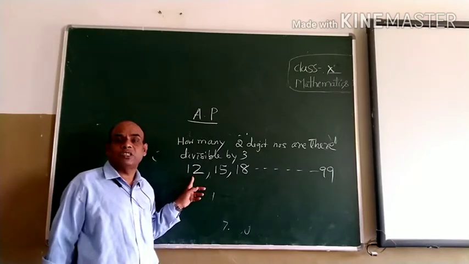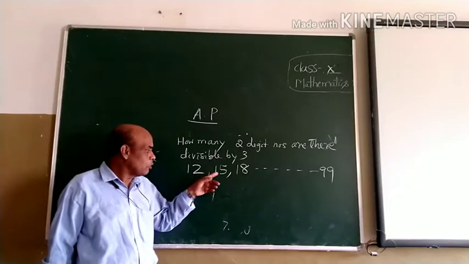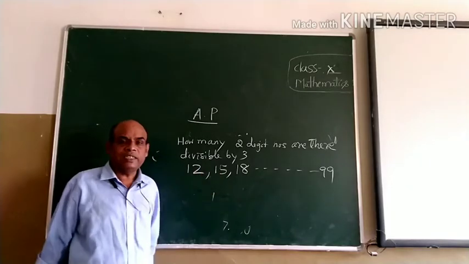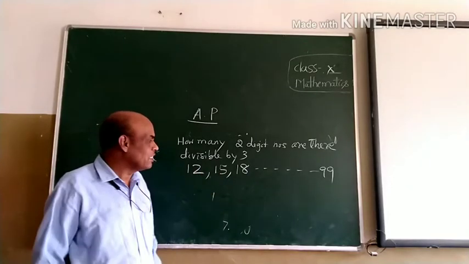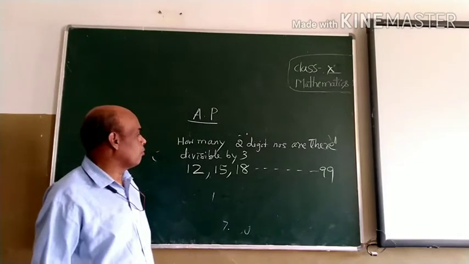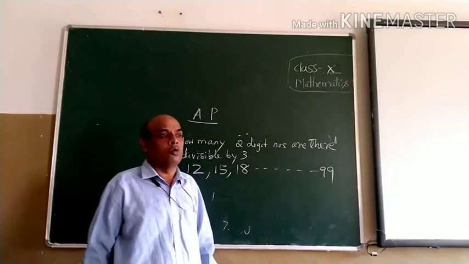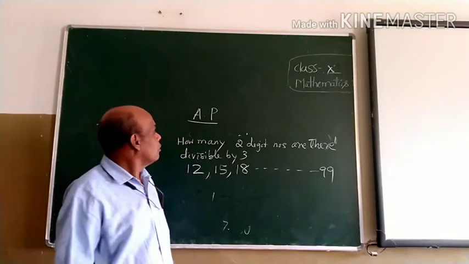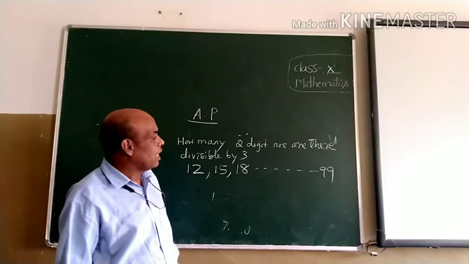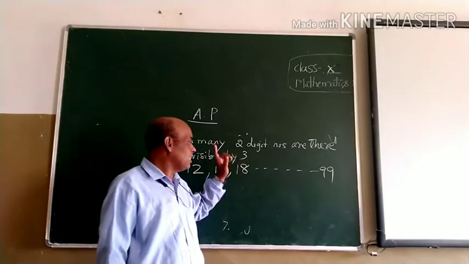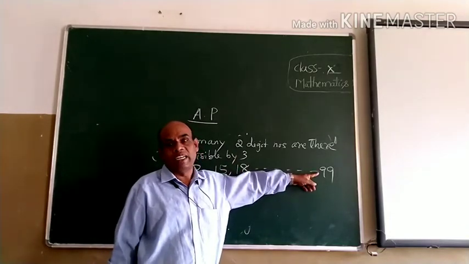So the first number is 12. What will be the second number? 15. Then 18. What is the last number? The last number is 99, because 100 is not a 2-digit number. The question is 2-digit and divisible by 3, so ultimately it will be 99.